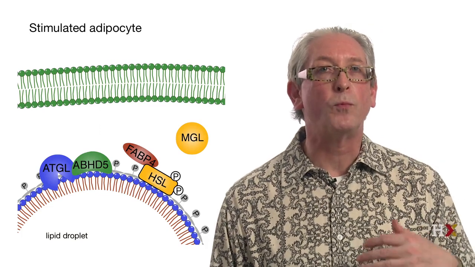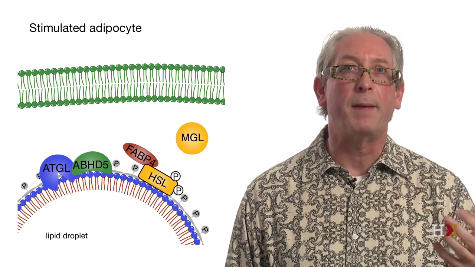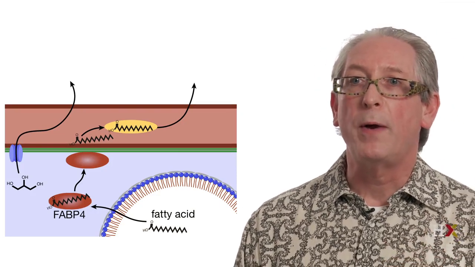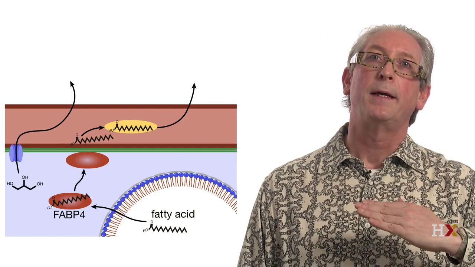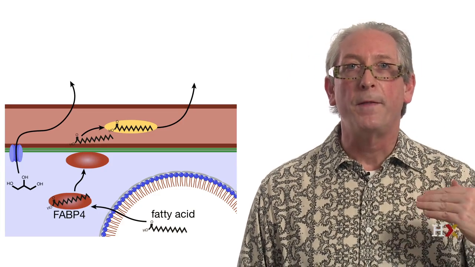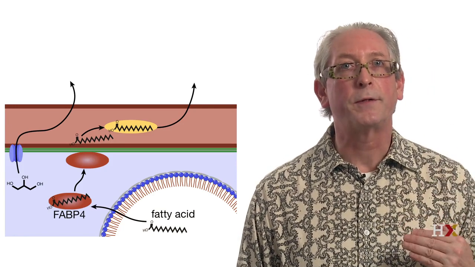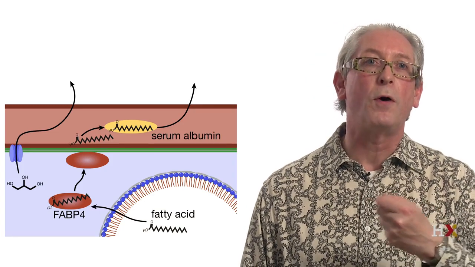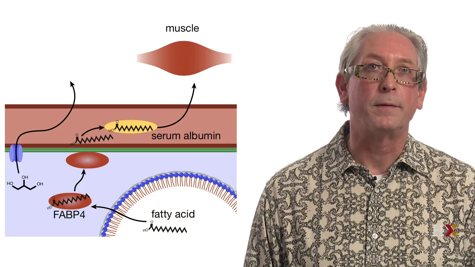The next question is, what is the fate of fatty acid and glycerol that were released by lipolysis? Free fatty acid will be bound to FABP4, which acts as a chaperone, helping the fatty acid to travel through the cytoplasm. Then the fatty acid will be exported into the bloodstream, where in association with serum albumin, it will travel to organs that need energy, for example, in muscle.